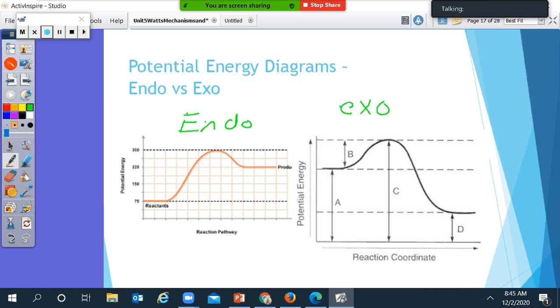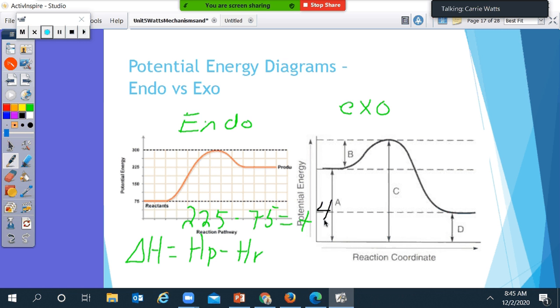Now if you can't see it, remember delta H, which is the enthalpy of the reaction, is going to be the products minus the reactants. Here it looks like the products are 225 and the reactants are at 75, which is going to give you a positive number. Positive number tells you it's endothermic. Energy is being put into the system. Here on the right side, let's just say this is 4 and this is 8.